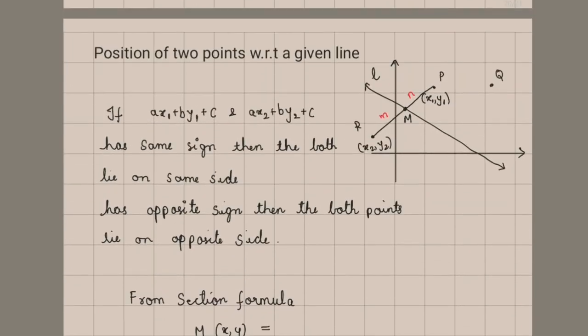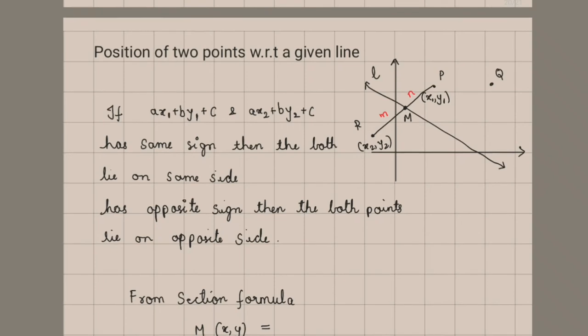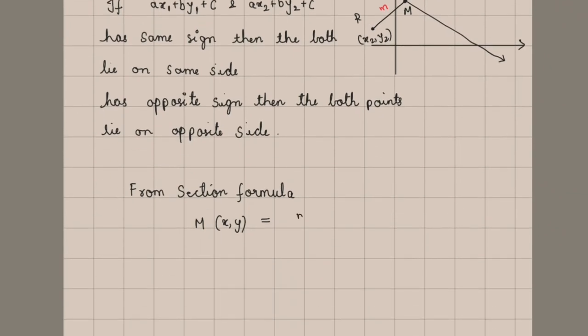So from the section formula, point M, let's say this is some (x, y), equals... in the section formula we know that mx2. Here I just reversed m and n.